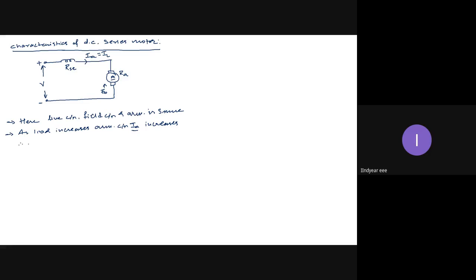Therefore, the field current, which is IA, produces flux proportional to IA.